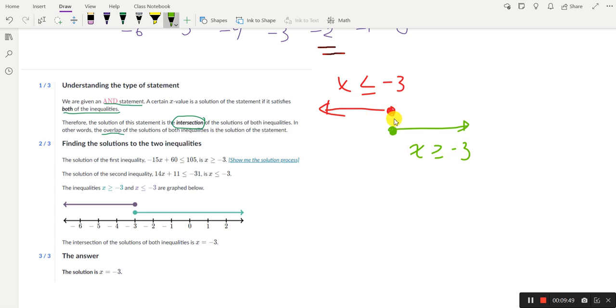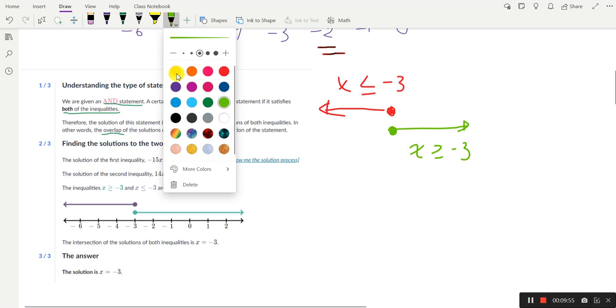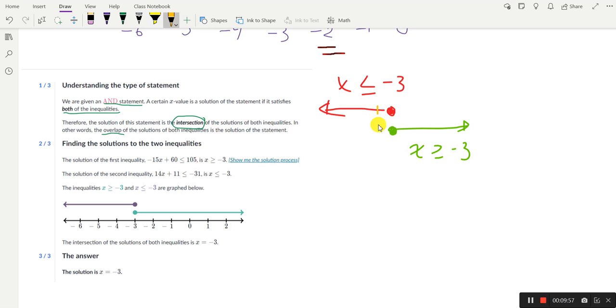What is the overlap here? Well, the only overlap here, let me choose another different color. The only overlap here is what? X equals -3. That's the only overlap, okay?